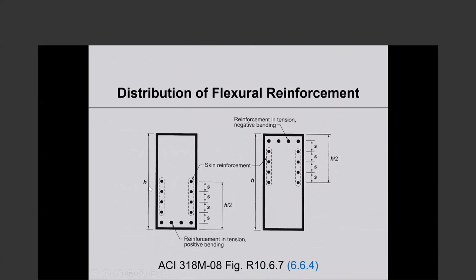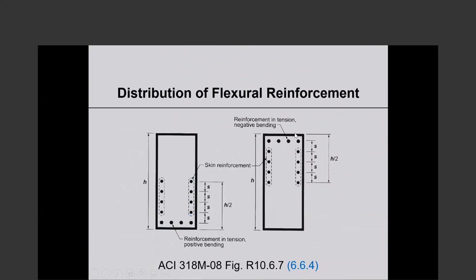Okay, so this is a deep beam, total depth H. If this is the tension face, the skin reinforcement will be provided as shown in the picture, up to H by 2. Okay, this is H by 2.